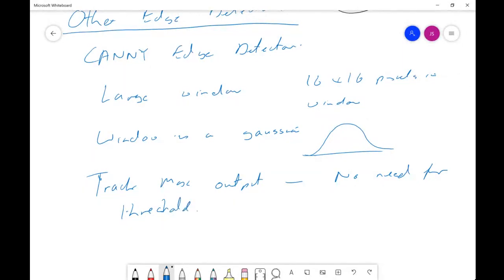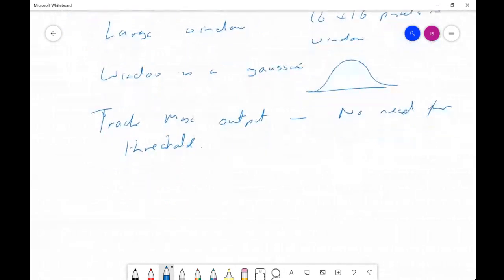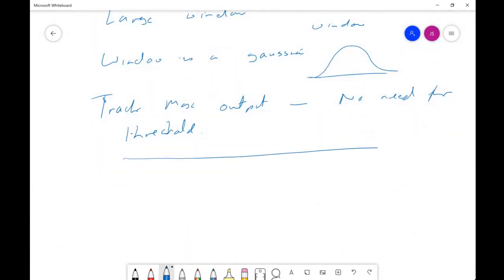So you've heard of the Canny now. If you're in a job interview for image processing and somebody says Canny, at least you're familiar with it. Right. I've said edge detection is difficult. It is.